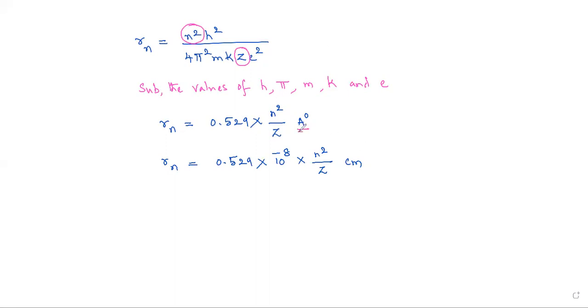Because 1 angstrom is equal to 10 power minus 8 centimeters. So this, of course, is in CGS system. Now radius of nth orbit can be written as 0.529 into 10 power minus 10 into n square by Z meters. So this is in SI system.